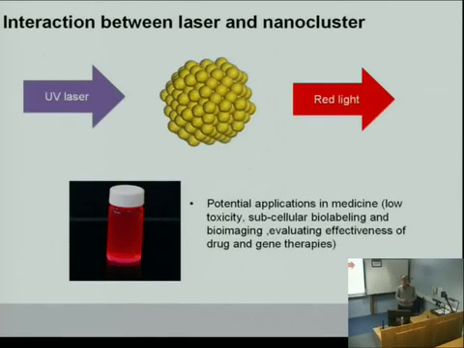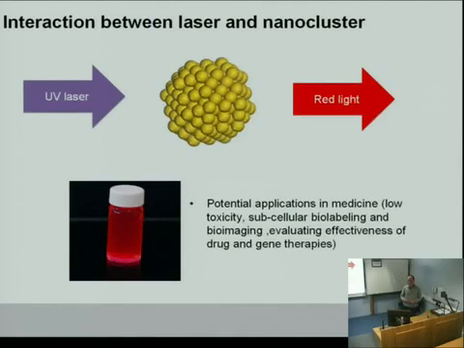So what happens when you mix a gold nanocluster with fluorescence? Well, we can excite the gold nanocluster with a UV laser, and what will happen is electrons will become excited to higher energy levels, and as I said, returning to those lower energy levels, photons of light will be emitted. Now, the different sizes of energy jumps will create photons of different energies or different frequencies.